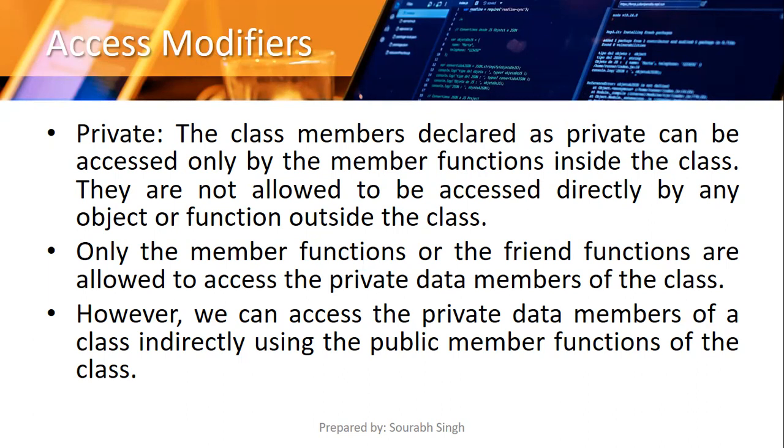If a and b are the private data members and x and y are the public data variables inside the public member function, we will assign the values of a and b to x and y, and indirectly we will be accessing the values outside the class, as x and y are public members.